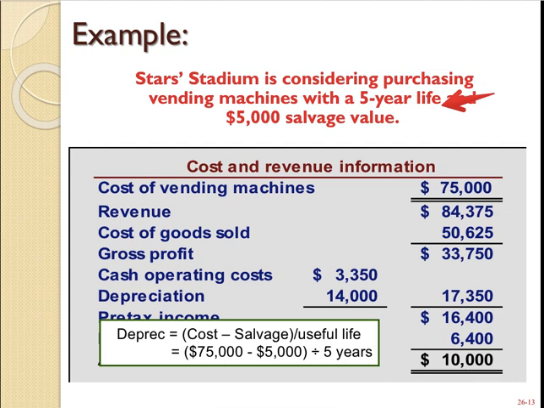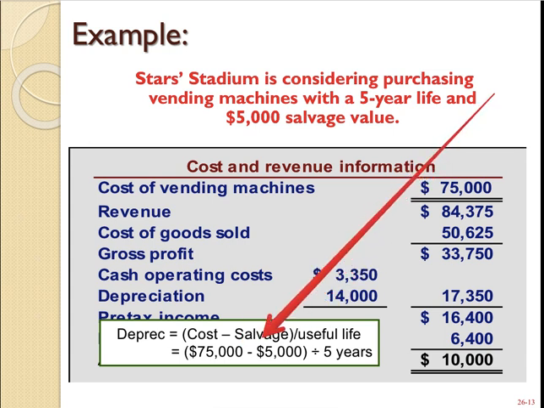Because we're going to use it over 5 years. So the formula for depreciation, using the straight line method, which, by the way, is the only method I'm going to have you responsible for knowing in this chapter, is cost minus salvage value, which, as you recall, is the value at the end of the life of the asset, divided by the useful life.